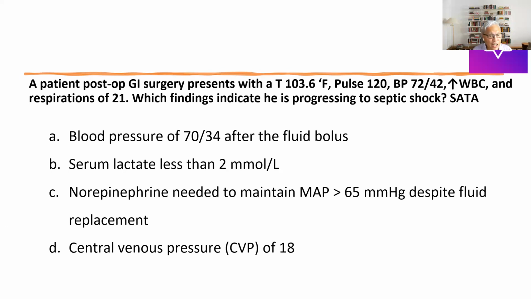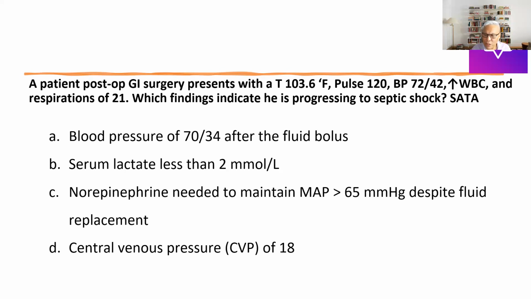All right, good. Now, the other response would be letter C, okay? So letter A, blood pressure of 70/34 after the fluid bolus. And letter C, patient needs norepinephrine to maintain a mean arterial pressure greater than 65 millimeters despite fluid replacement.